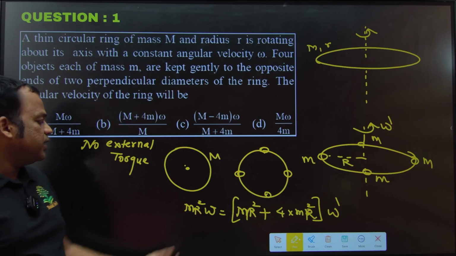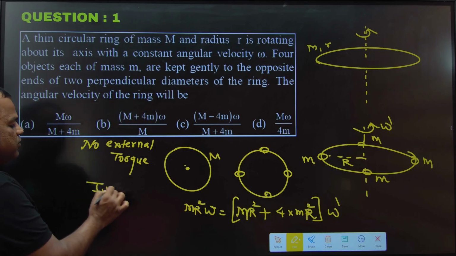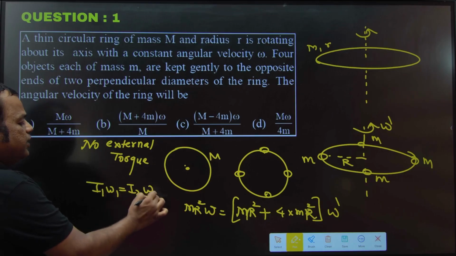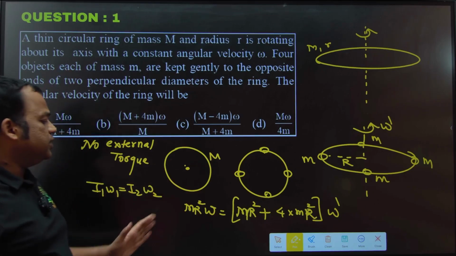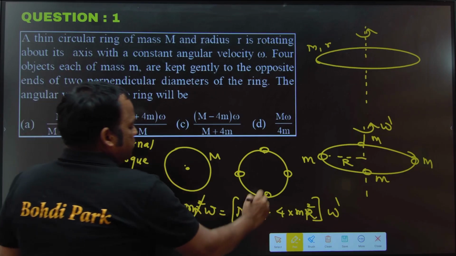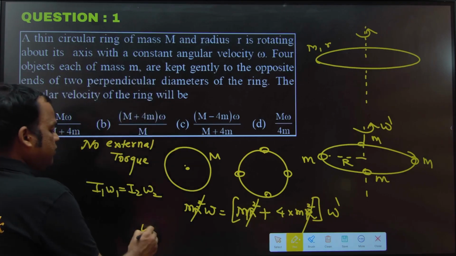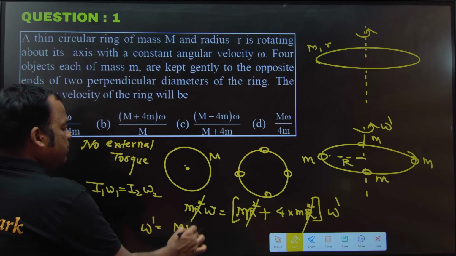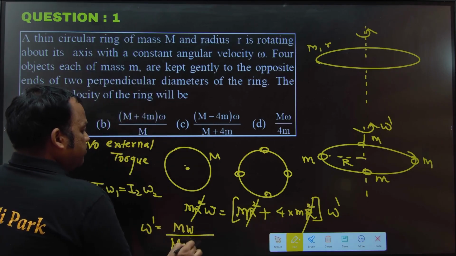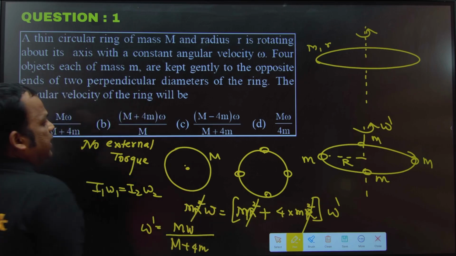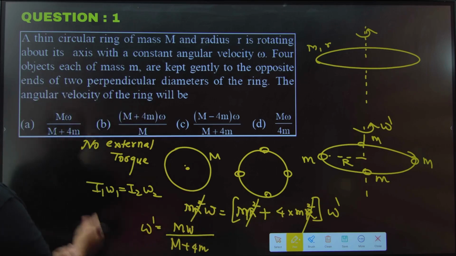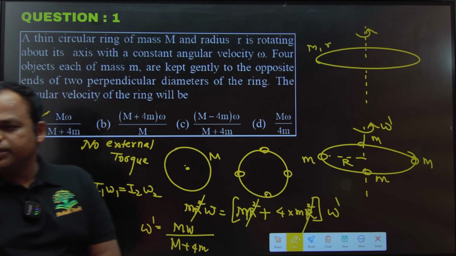So basically we are using I1 omega 1 is equal to I2 omega 2. So we have r square cancel over here. So we get omega dash is equal to capital M into omega by capital M plus 4m. So that is first option.